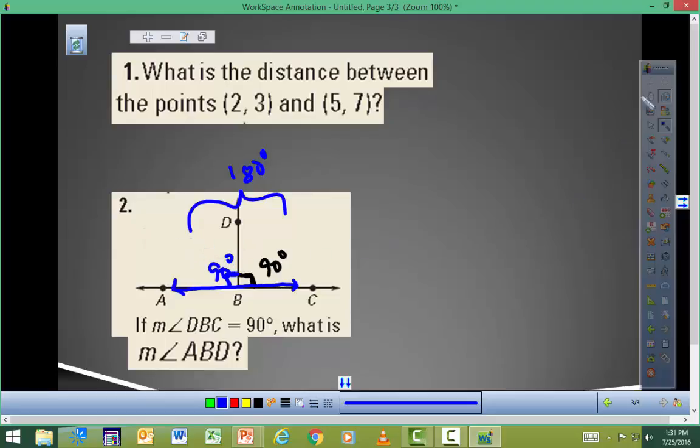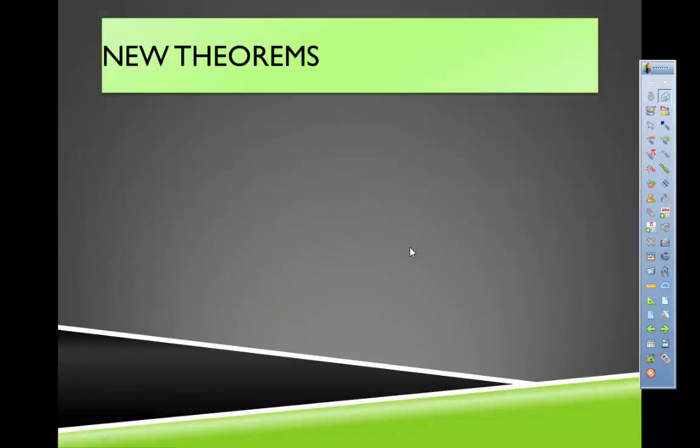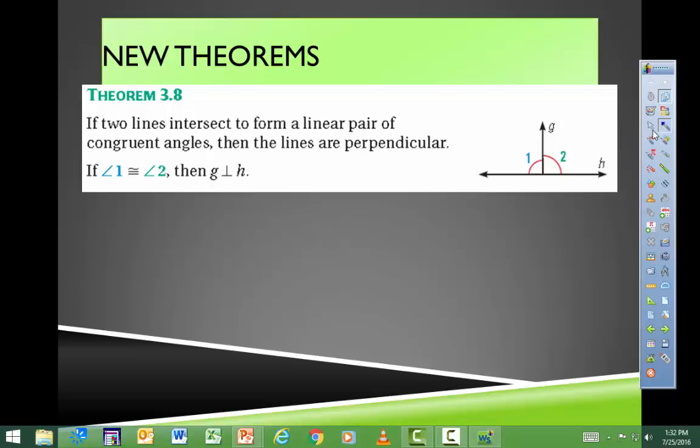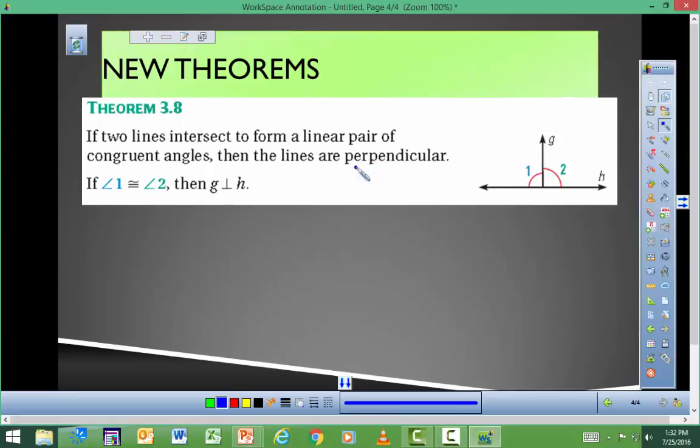So let's continue. Here's a new theorem. Theorem 3.8. It says that if two lines intersect to form a linear pair of congruent angles, then the lines are perpendicular. That's sort of like the warm-up problem we just did. Remember, in this case here, instead of saying that we have the right angles, we're going to say that the lines are perpendicular. But what is perpendicular?